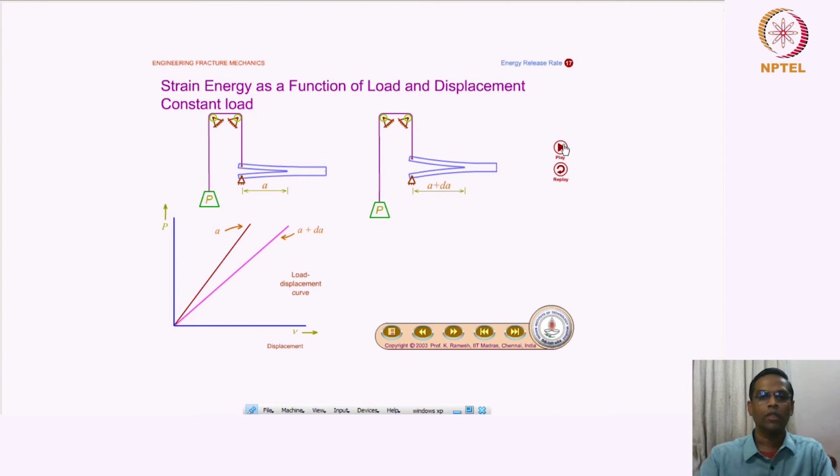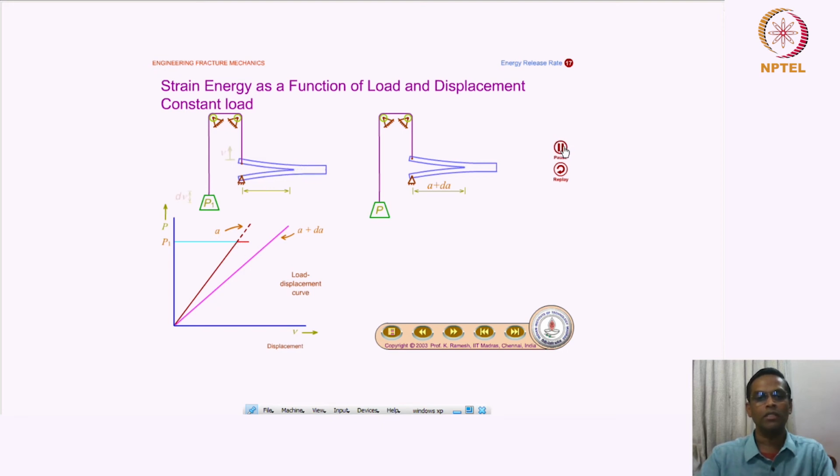Now we are trying to slowly increase the load from P to P1. You can see that the crack is already growing. Watch this P1: the dotted line is its original direction, but the moment the crack length increases, P1 tries to come here.